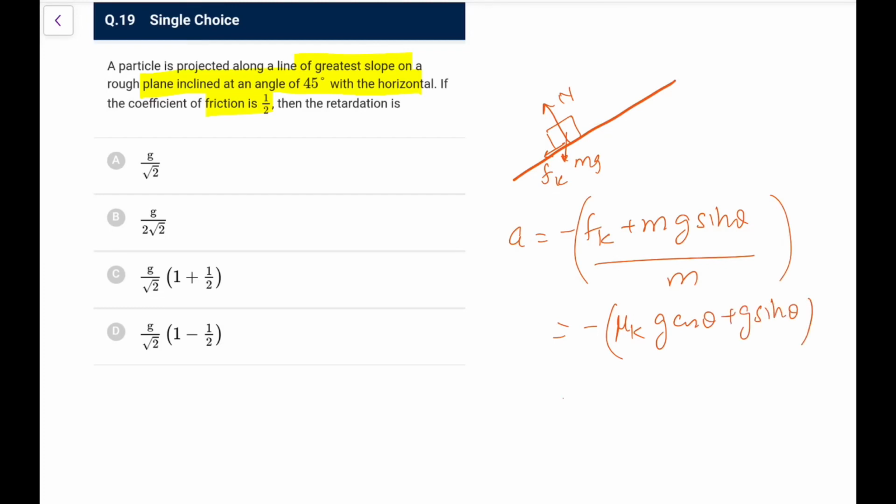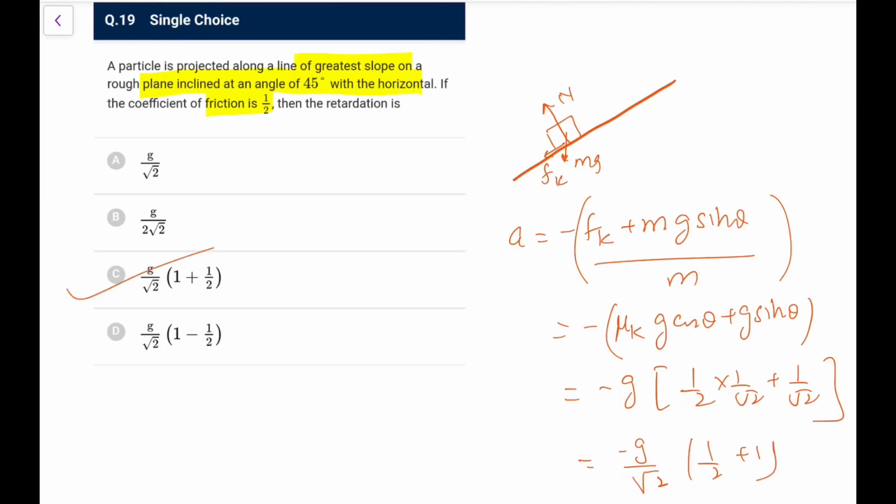So retardation value, if I take mu k g, mu k is also given, so just write the value of mu k first. So I take this g common, mu k is half into 1 by root 2 plus 1 by root 2. So what we'll have, if I take root 2 also common, it will become half plus 1.